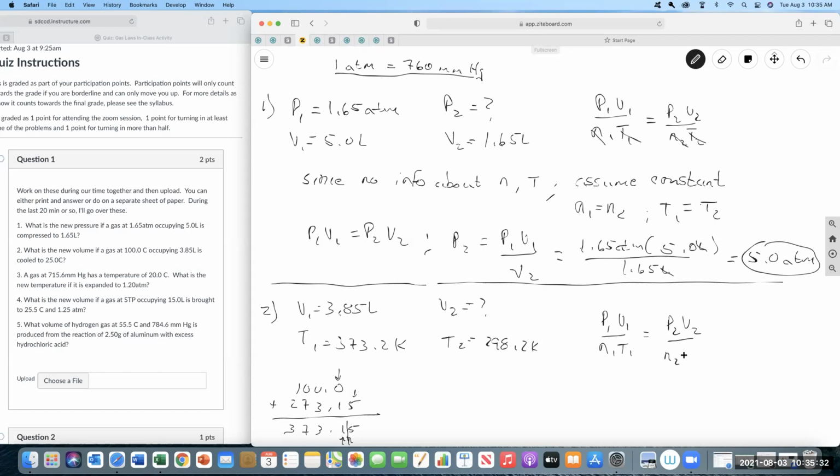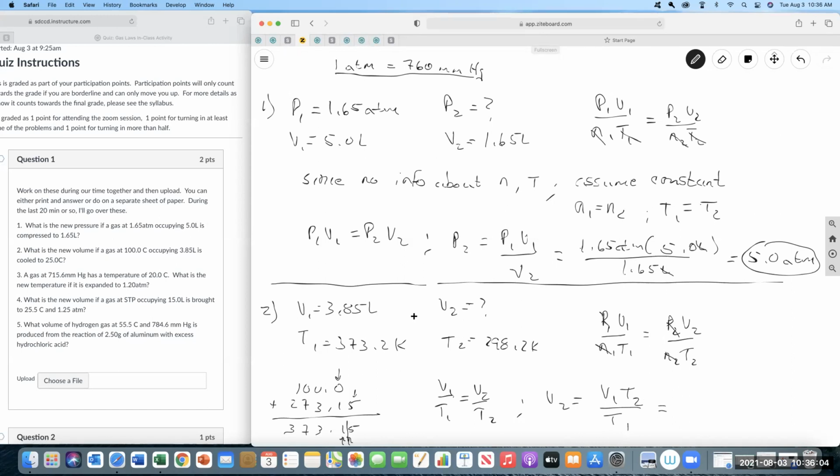I found it easier to just remember one thing and then rearrange to taste. There's no P's or N's, so they get canceled out. So then we have V1 over T1 is V2 over T2. We want to solve for V2. So V2 is going to be V1 T2 over T1, just multiplying each side by T2.